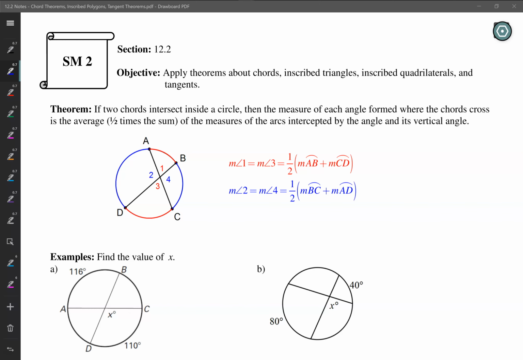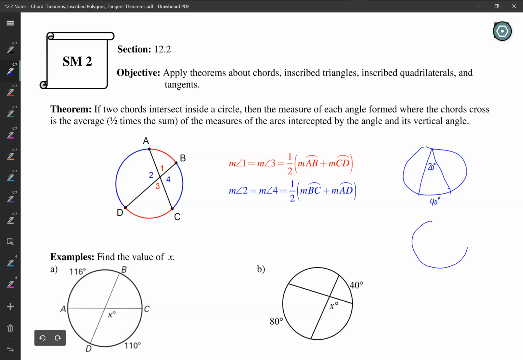So we've talked a little bit about inscribed angles, the angles where the vertex is on the circle. And we talked about how if you had an inscribed angle, something like this, if that angle was 20 degrees, then the arc measure would be 40 degrees.